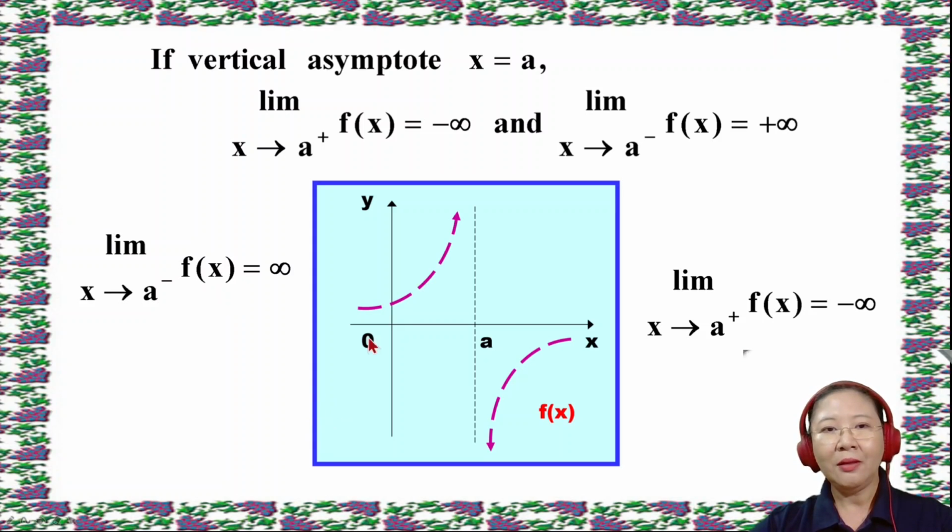As for this one, if x is coming from the left-hand side of A, and you calculate, the answer is infinity, means the answer is getting bigger and bigger and bigger. So we will put in the arrow as so. We will imagine our numbers will get in that pattern.